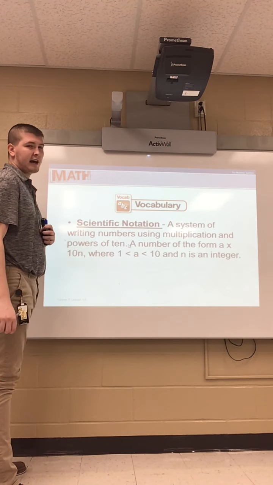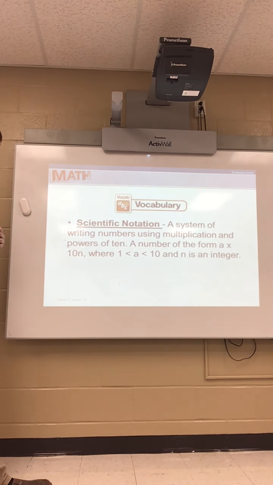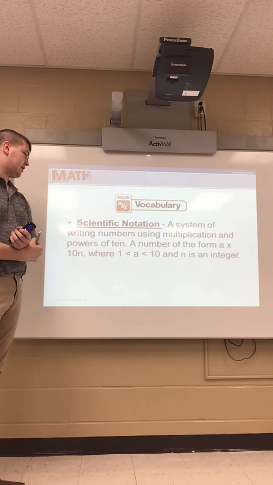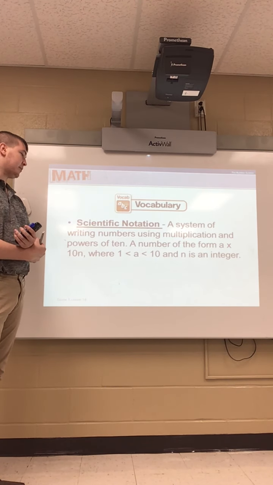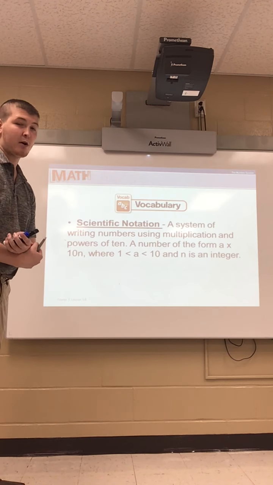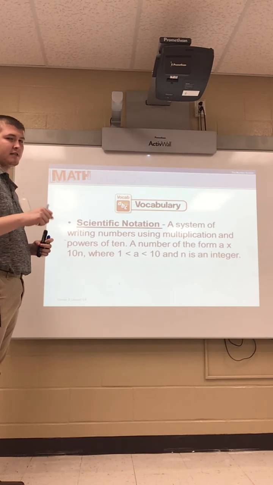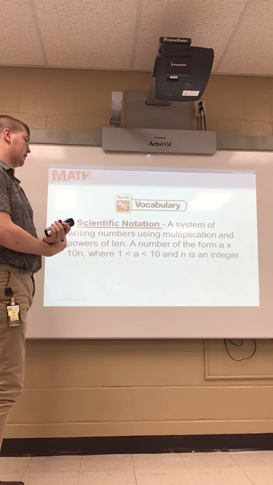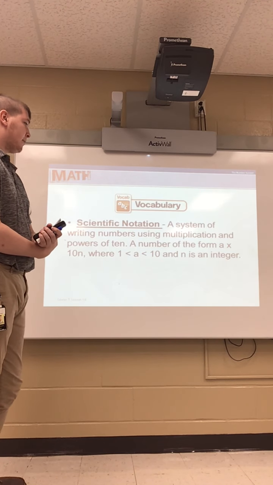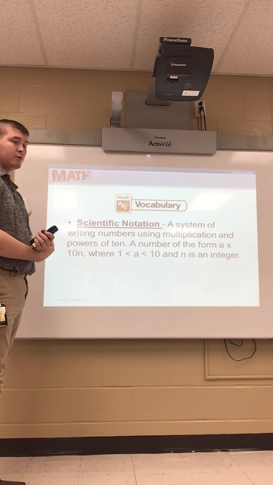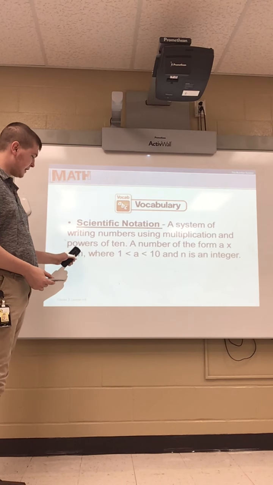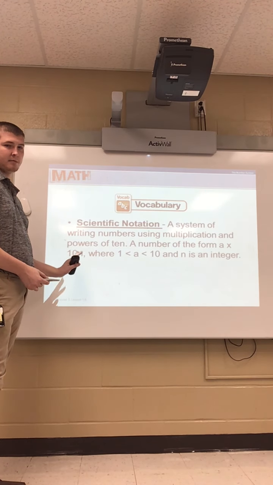But vocab, it's a little bit of a long one. Scientific notation is a system of writing numbers using multiplication and powers of 10, like from our last lesson. A number of the form a times 10 to the n. There should be an exponent n, not times n.